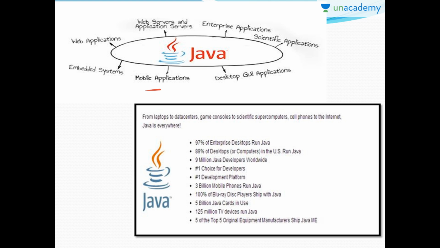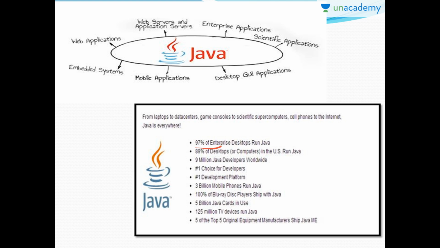Not only mobile applications, we have desktop GUI applications, scientific applications, enterprise applications, web services, web applications, and embedded systems. Not only these 7, and still more things include Java at some corner of it. Or most of them have been built based on the Java programming language.